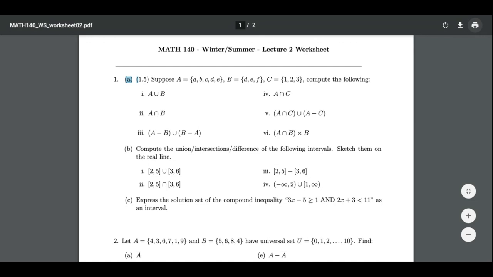Okay, what about the 3? A minus B union B minus A. Well, let's figure out A minus B first. What's A minus B?